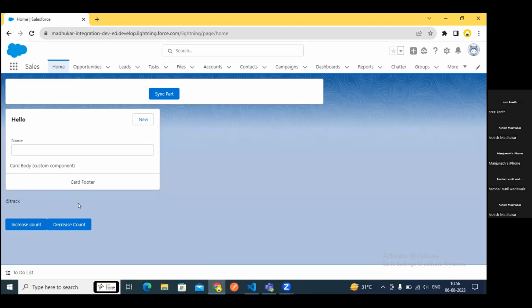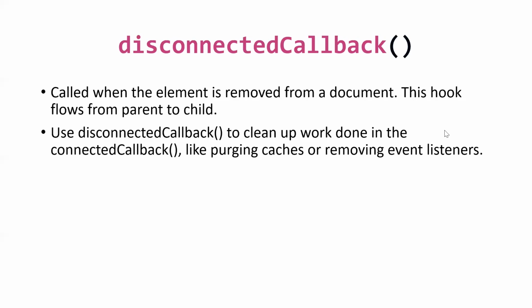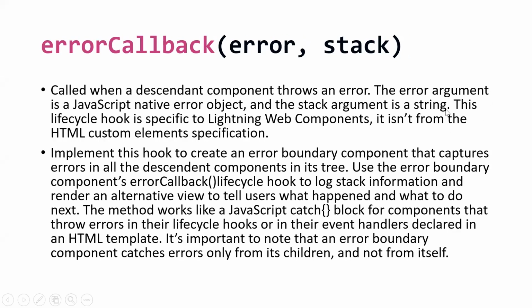Okay, let's go to the next one. This is our disconnected callback. Another one is the error callback. This is the last lifecycle hook, called when a descendant component throws an error. Basically, we use this when our component throws any error in the DOM, something related to HTML or some JavaScript error showing.